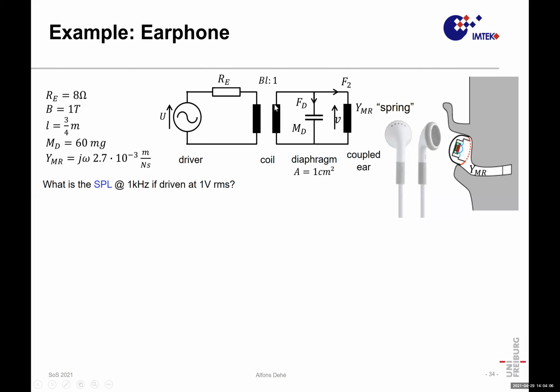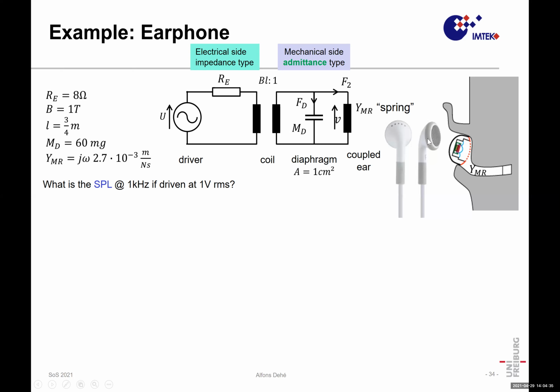And on the mechanical side here, we see the admittance type of circuitry. We see that there's a force generated with this transduction here, and the force goes into the mass of the diaphragm. So it is accelerating the mass of the diaphragm of this speaker, and the other force goes into the impedance of the ear, here described as a spring.